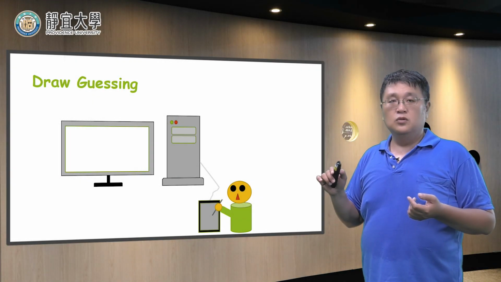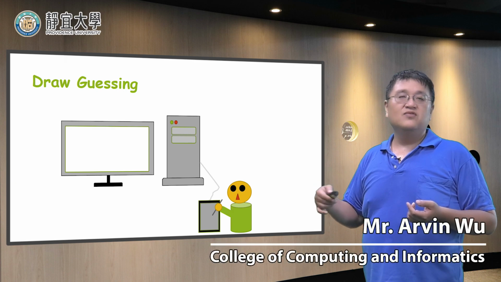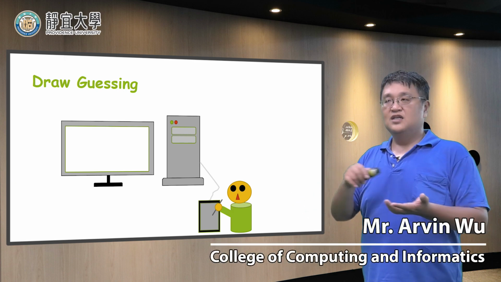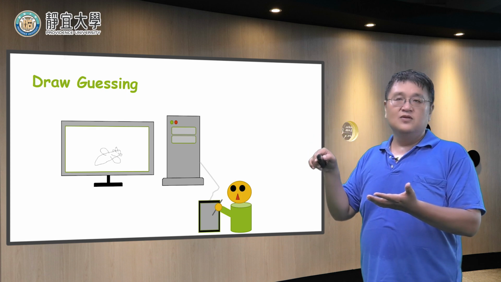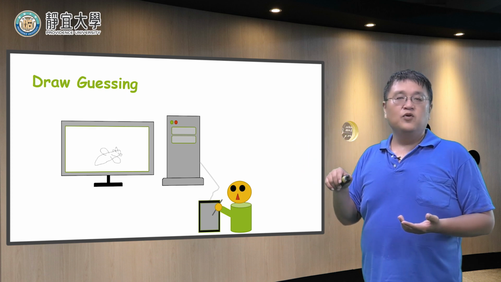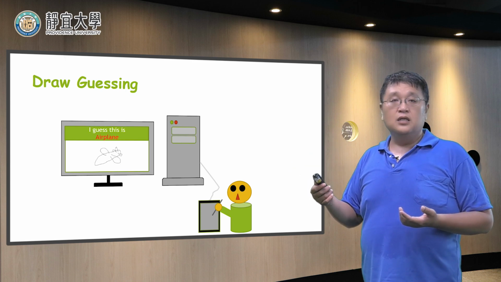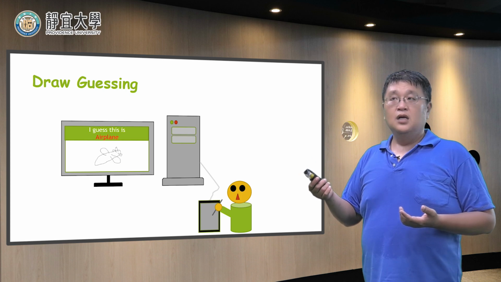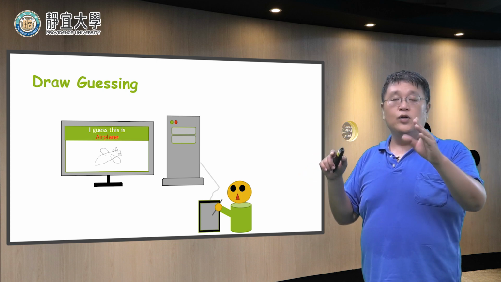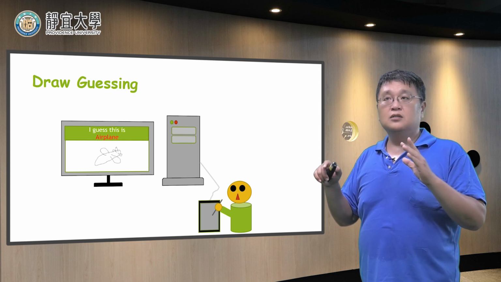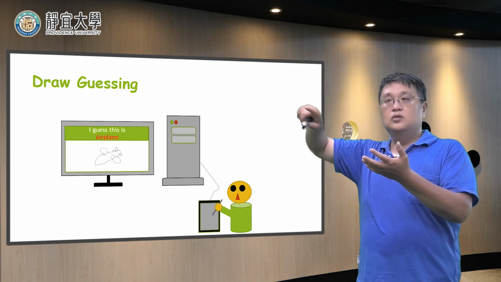Also, the draw guessing. We draw a lot of things here. We just draw a kind of airplane, and the computer will guess what you're drawing. How do they do that? Because they use image recognition, an artificial way to see the edge.